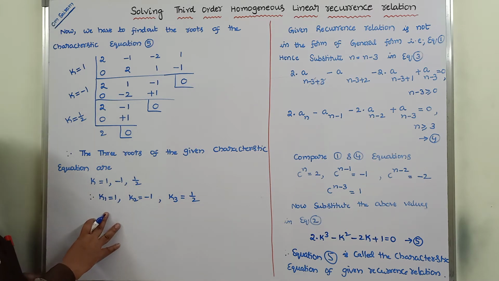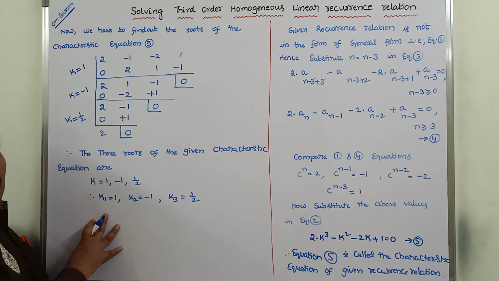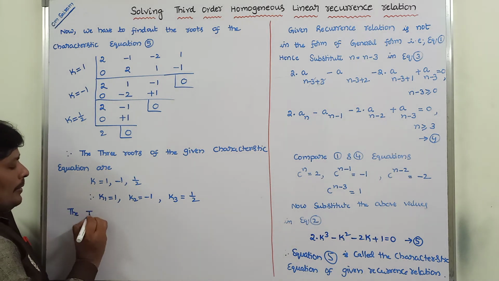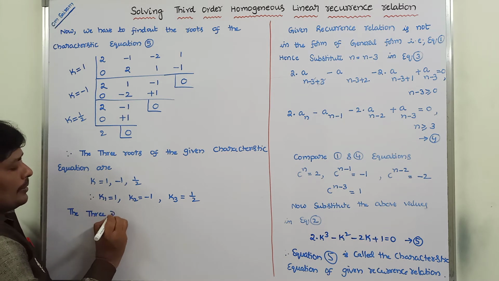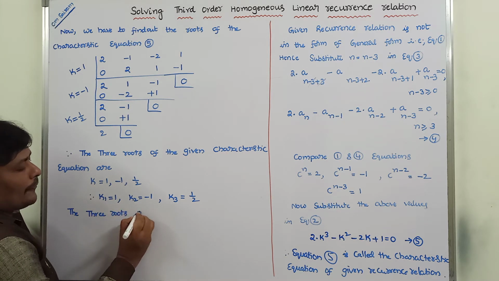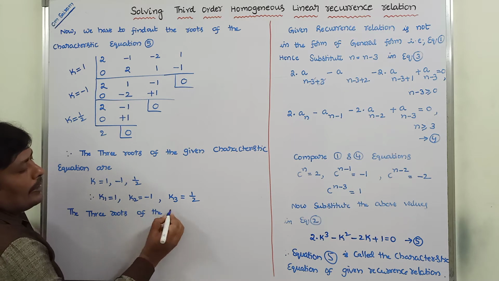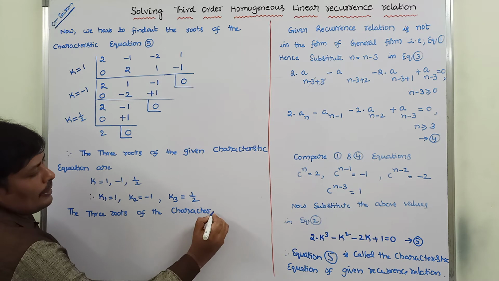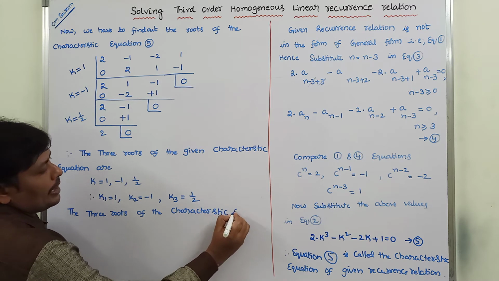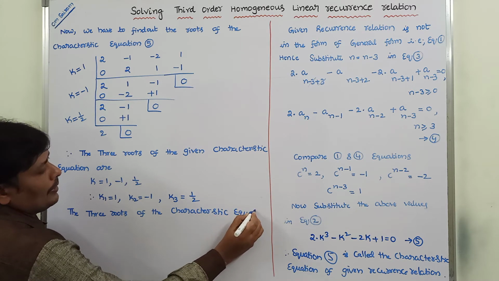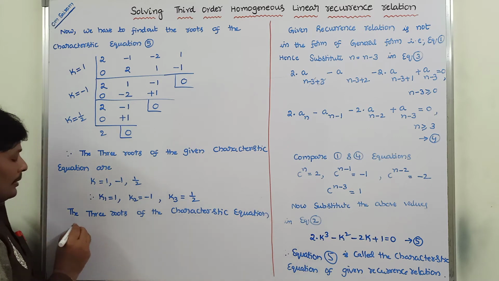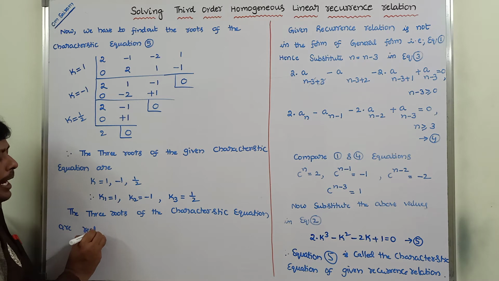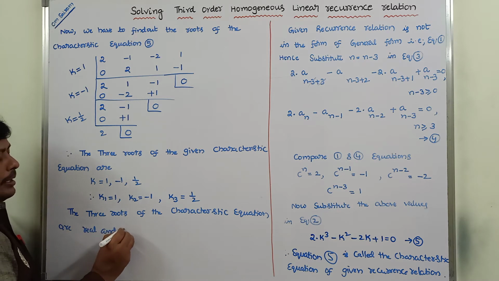Now observing these three root values, the three roots of the characteristic equation are real. Three roots are real and distinct.